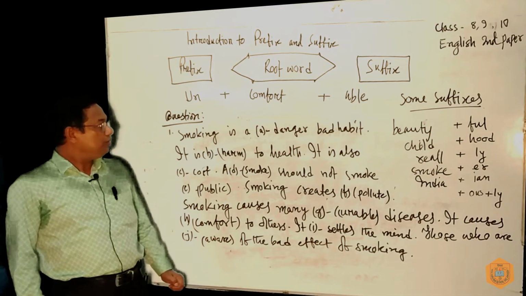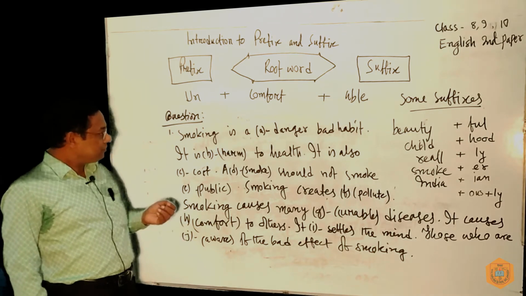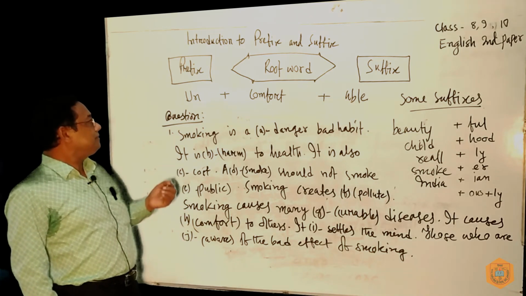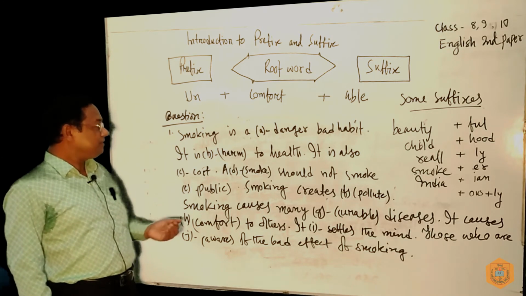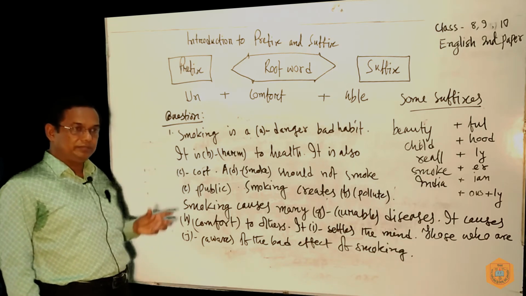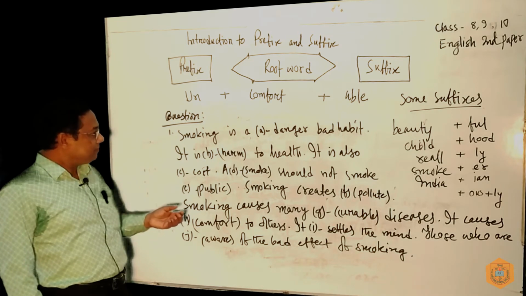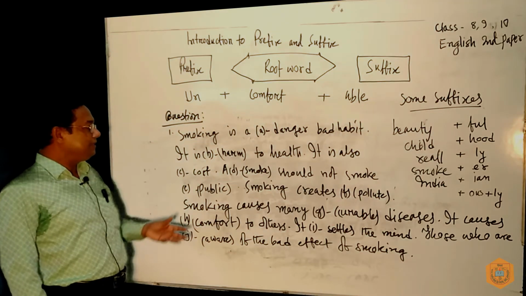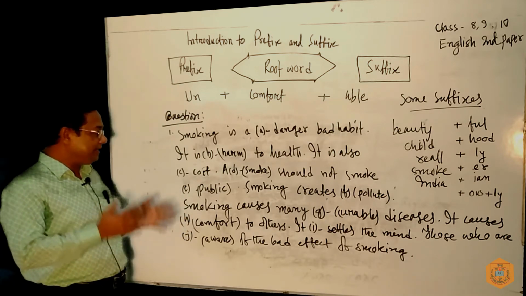Now I am going to talk about the question. In our question paper, suffix and prefixes are in a passage form. There is a passage about some incidents or some events, and in this passage there will be some root words which are in brackets.